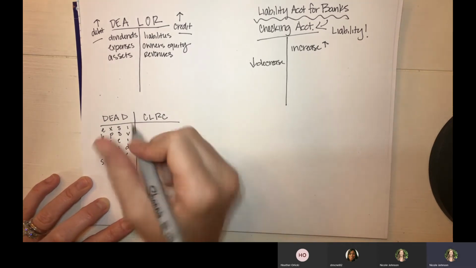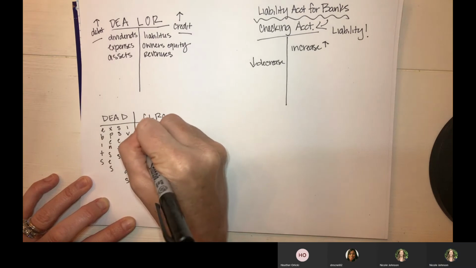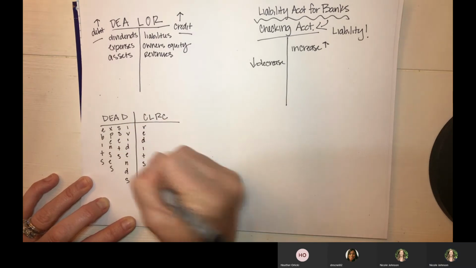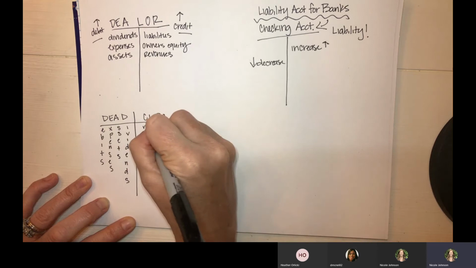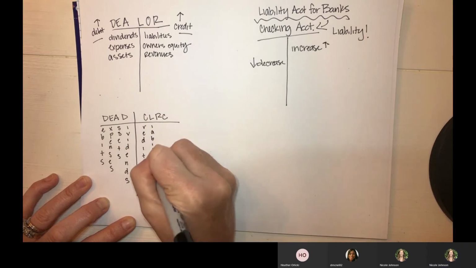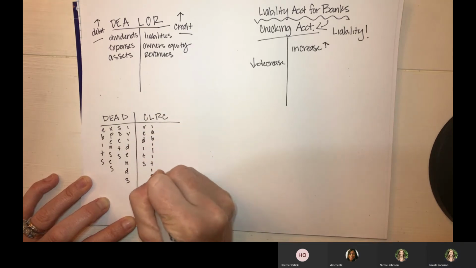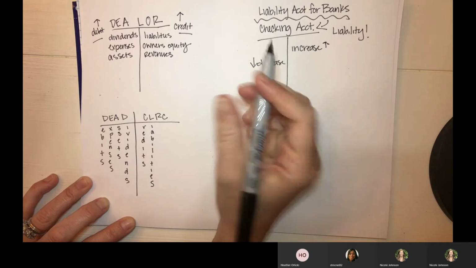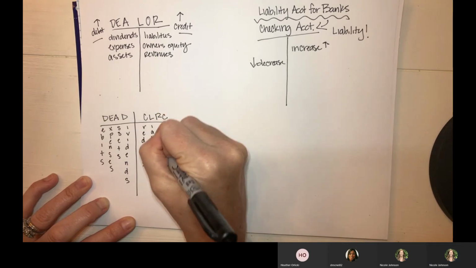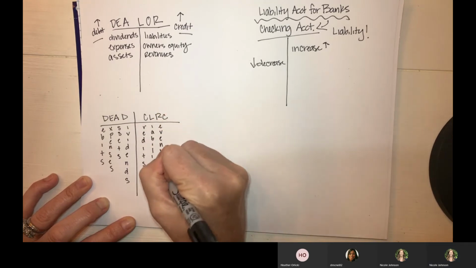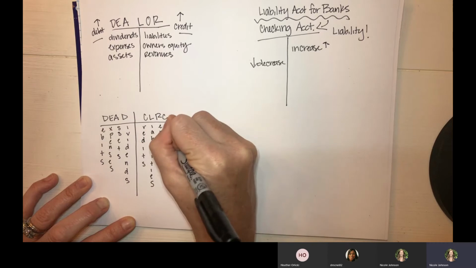On the right, you've got credits, and those are liabilities, revenues, and common stock.